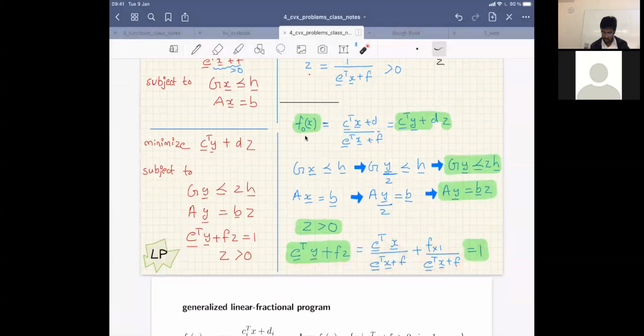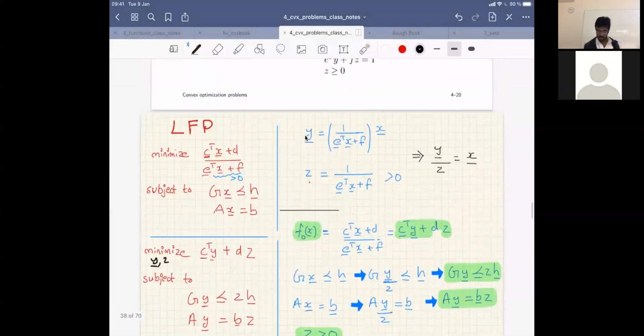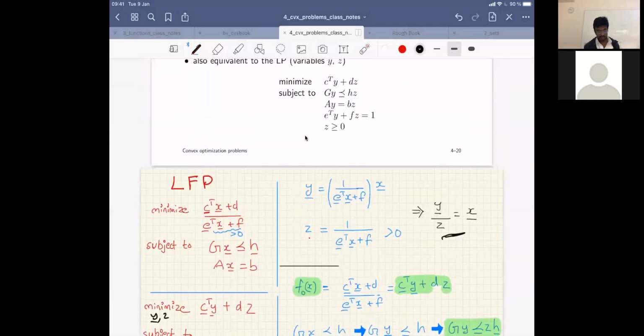So these two constraints also have to be part of the optimization problem. This is coming because we made this special choice of y and z. So now pick all these things and form a new optimization problem. Now this is in y and z. We are minimizing this in y and z. So find this, and at the end you can find x.